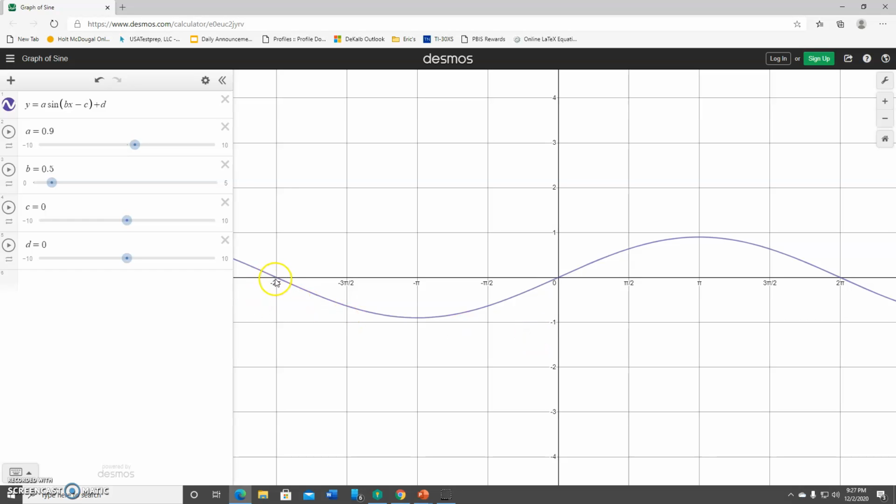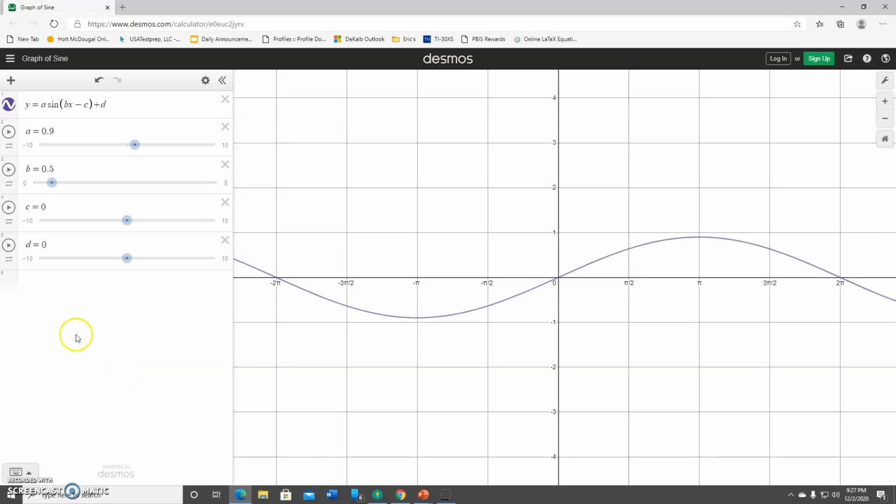Now, if I went from -2 pi, I'd have to go all the way to 2 pi before it starts to repeat. So B got smaller, but the period got much larger. If I took my original 2 pi and divided it by 1/2, I would actually get 4 pi.